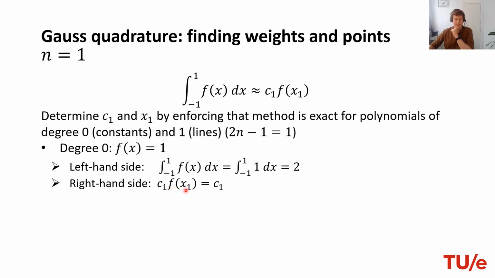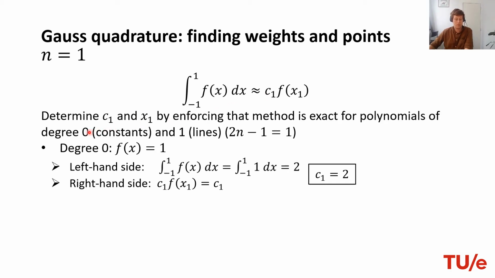So f of x1 is equal to 1, and c1 times f of x1 is simply equal to c1. Now, we want that both of these are equal to each other, because this is our whole idea of constructing this Gauss quadrature rule. So we find that c1 is equal to 2. So by this first condition, we already found a value for the weight in the Gauss quadrature rule.